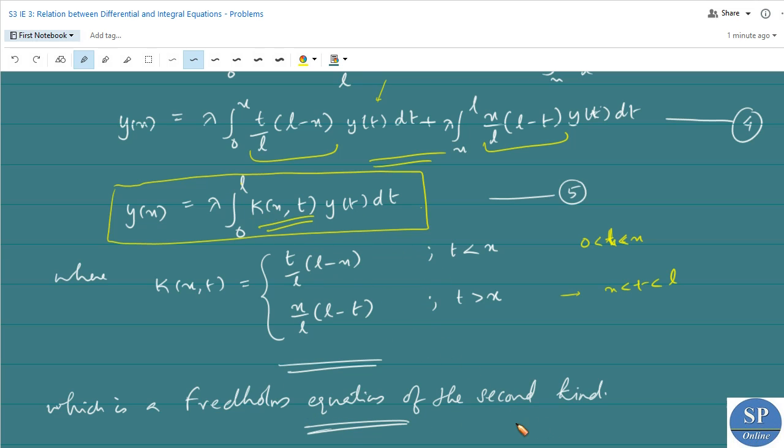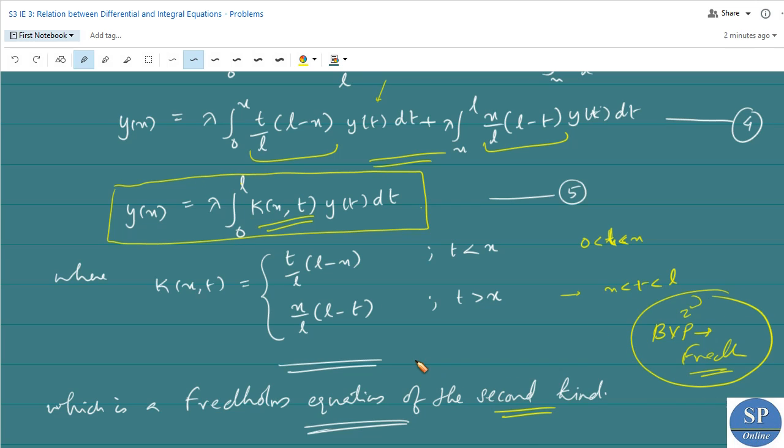It is of second kind, where the kernel k of x,t is equal to this. So from this we can say that a second order boundary value problem can be converted into a Fredholm integral equation of second kind.